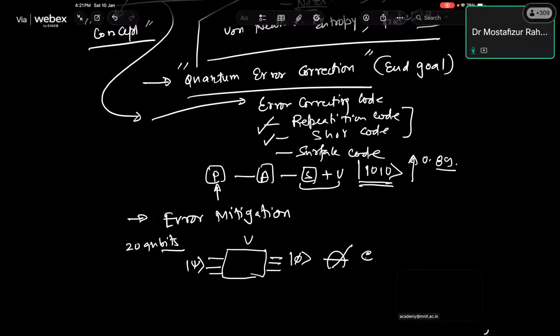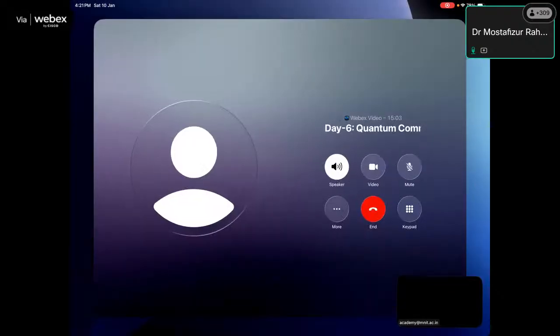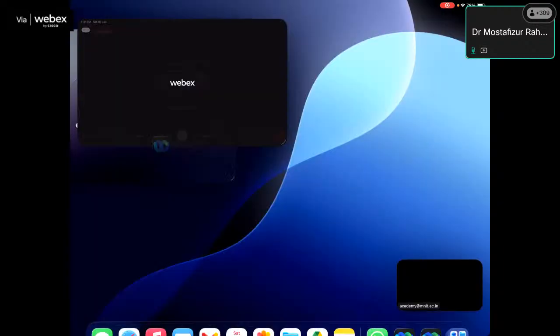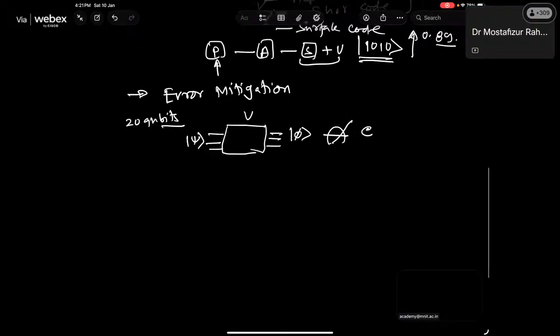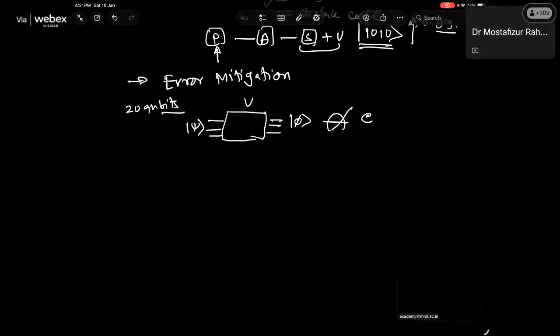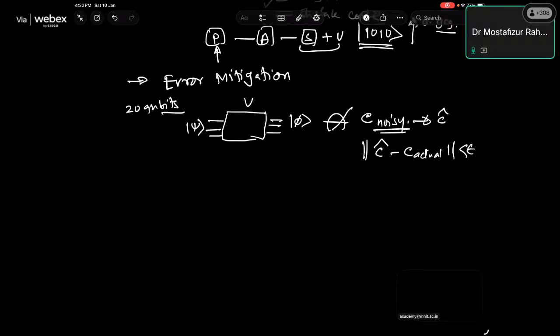Now, the C that you retrieve from your encoded state, how correct is this C? Of course, C is noisy. To mitigate this noisy C to an estimate C hat, where C hat is the predicted C and the actual C, this norm should be as small as possible.